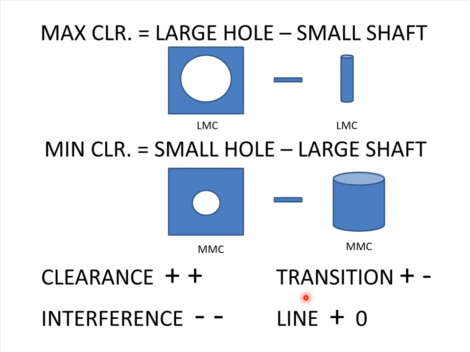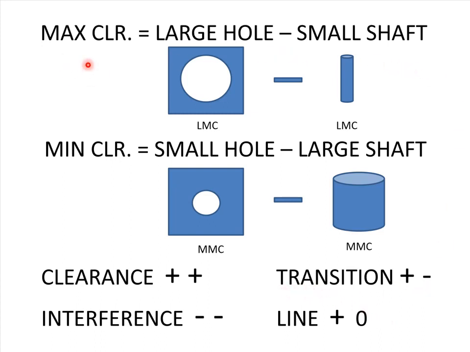Now let's take a look at transition. Transition is when you have a maximum clearance that's positive, but for the minimum clearance you end up with a negative. Small hole minus large shaft will give you a negative. So in other words, the hole may end up larger than the shaft or smaller than the shaft. So this is referred to as transition.